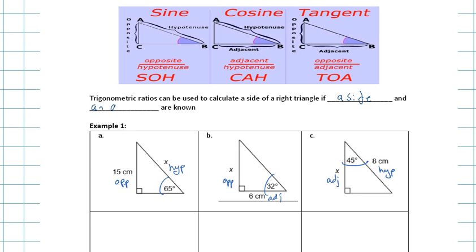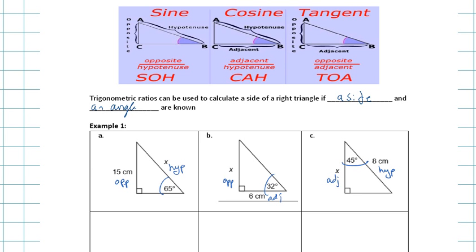In order for you to be able to use the trig ratios, you can find a side if you know an angle and a side. You must know an angle and a side to be able to find the other side. Otherwise, you can't. So let's look at this example.